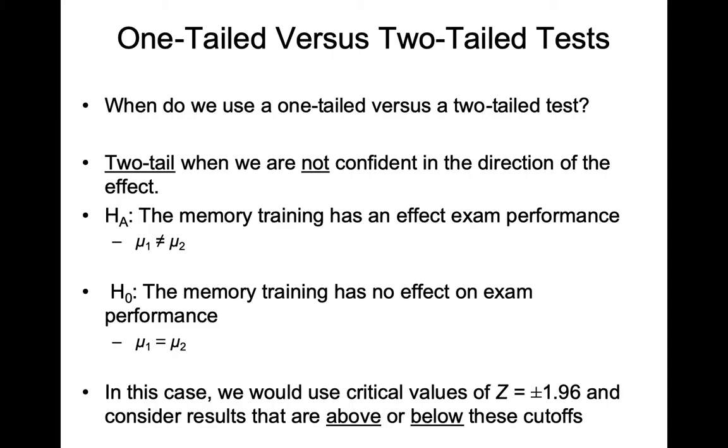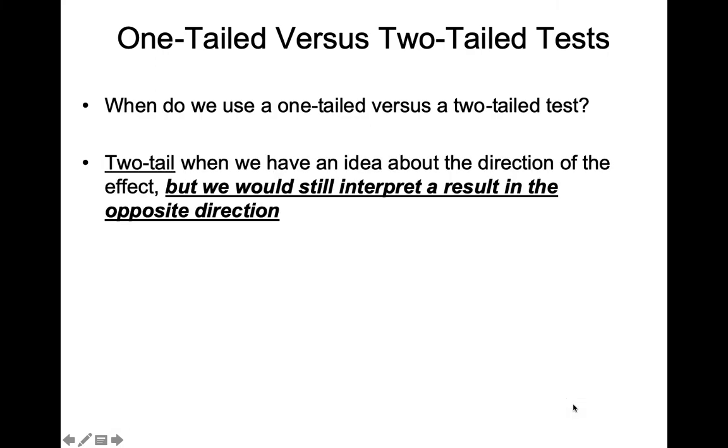Alternatively, we could get an exam score that is so low that when converted to a z, it is even lower than negative 1.96, in which case we would still interpret the effect. And we'd say, well, I have to reject the null hypothesis. It seems clear that memory training does have an effect. What is the effect? Makes exam performance worse. So if we aren't confident, we think it could go either way, we do a non-directional hypothesis and a two-tailed test, but we have to adjust our critical value.